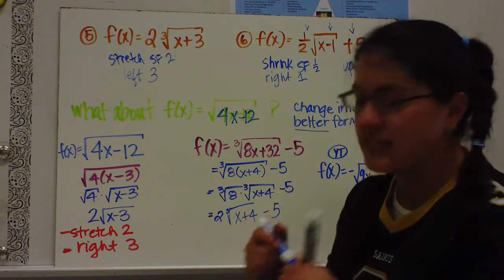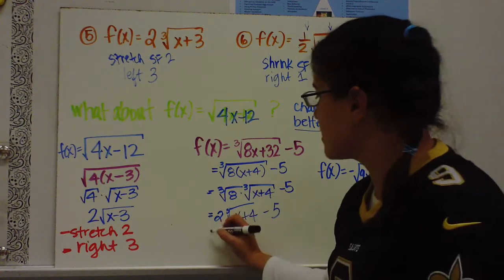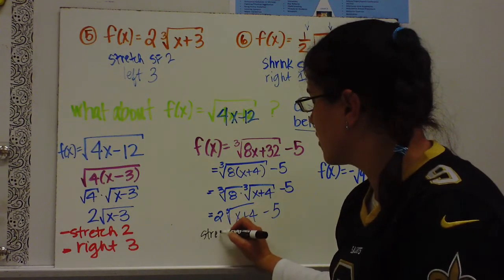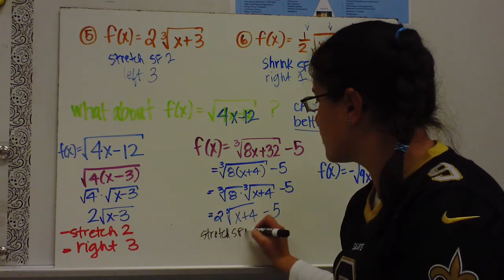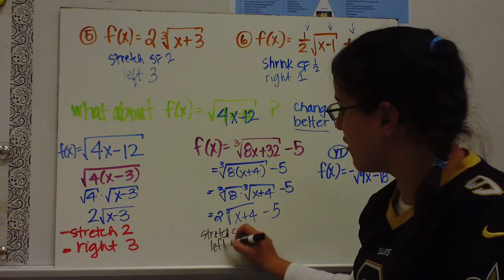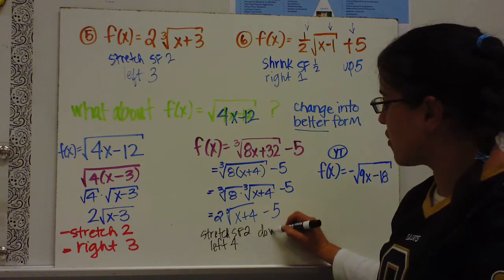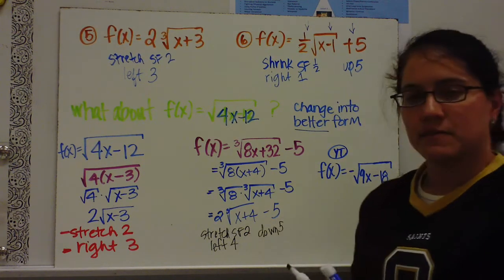And now I can determine what my transformations are. The 2 on the outside means it's going to be a stretch with a scale factor of 2. The plus 4 means it's going to go left 4 units. And the minus 5 means it's going to go down 5 units.